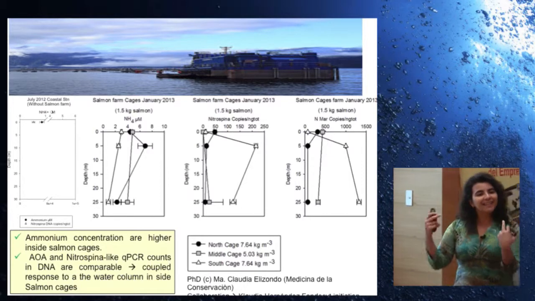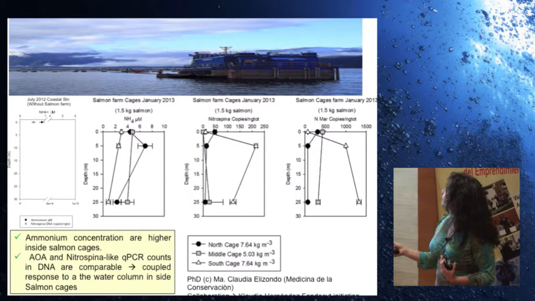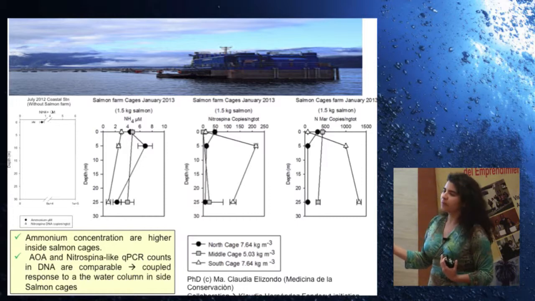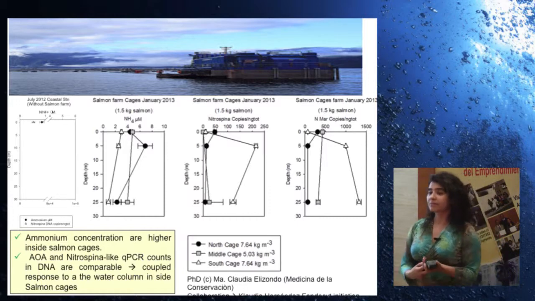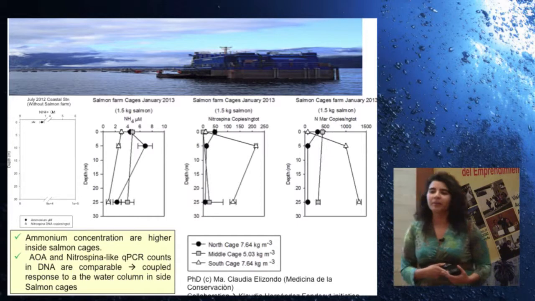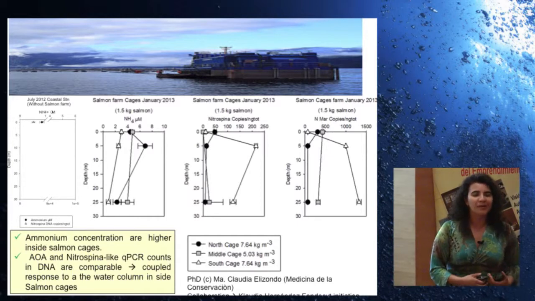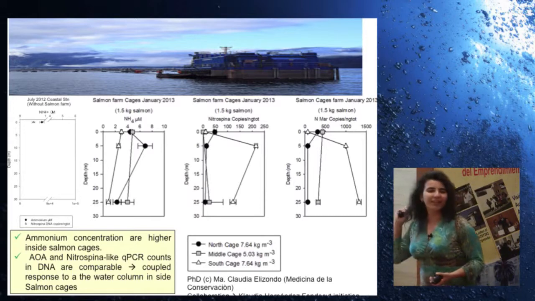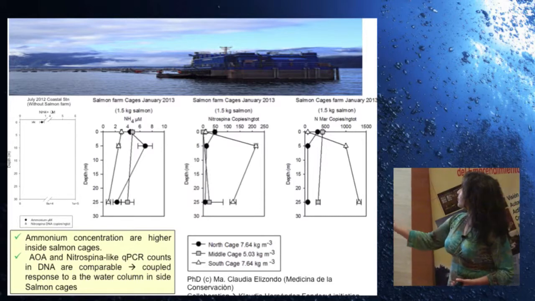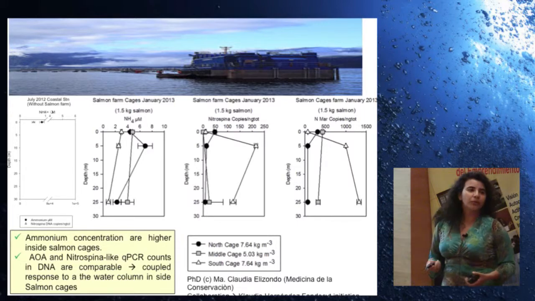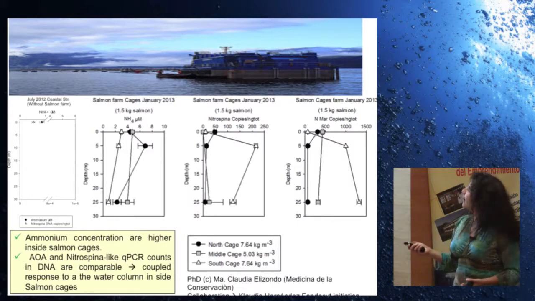But in the cages, you see very high concentrations of ammonium, around 6 micromolar, which is very, very high for marine environments. I was used to 0.1 micromolar. Close to the sediments you can find more, of course, but in surface water it is really high.